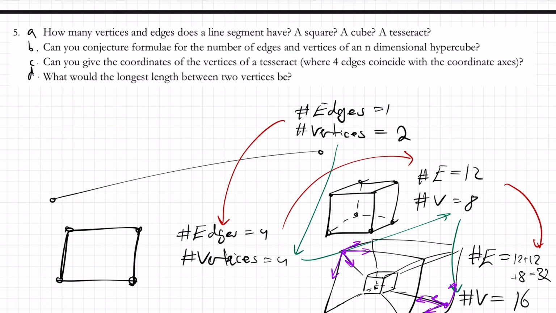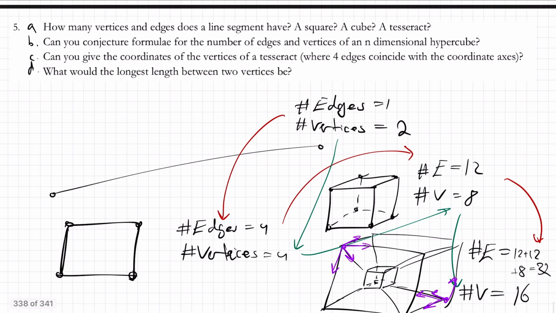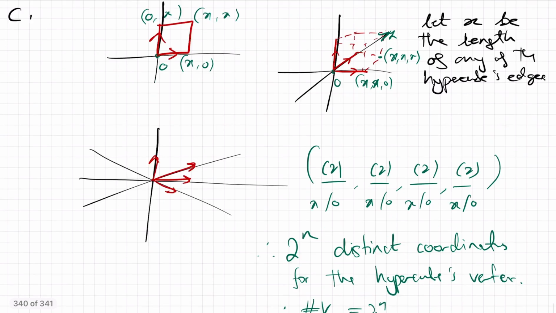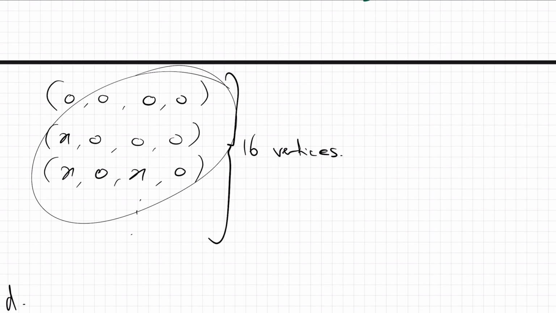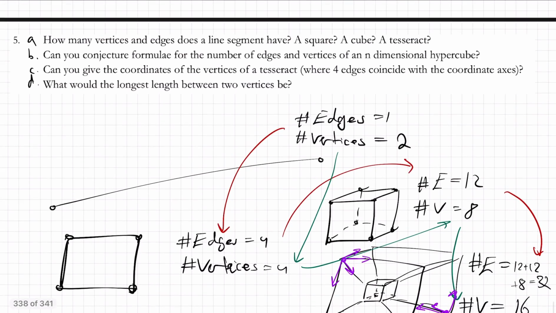What would be the longest length between 2 vertices? Okay, so I can see the answer, I think, to this question. Not exactly sure how you can prove it. Actually, no, I do know how we can prove it. So we have all of the possible vertices here. Was this asking for the general case?